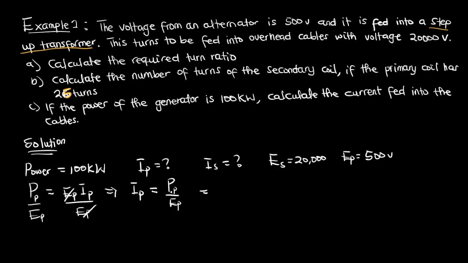So our answer over here is that our power, which is 100 kW, is 100,000, times 10 to the power 3, so 3 more zeros, over the initial potential difference, EP, which is 500. So I bring my 500 over here. Therefore my primary current is equal to 100,000 divided by 500, and this will give me 200 amperes as my answer.